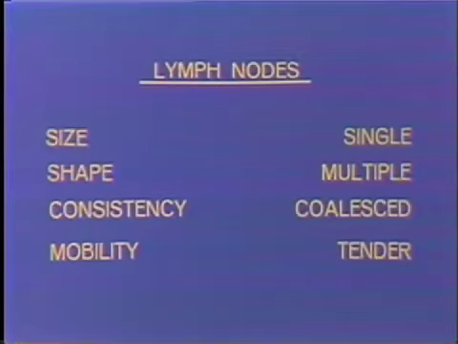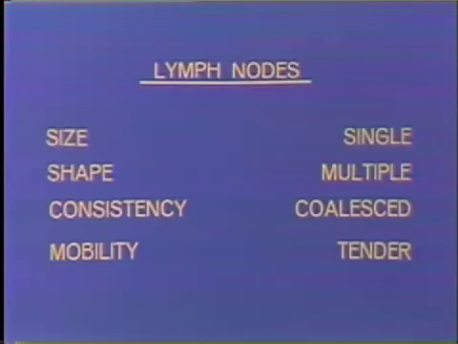They're listed here. We're concerned about the size of the lymph node under examination, its shape. Ordinarily, most palpable nodes that are normal in character will be about the size of a kidney bean and similarly shaped. They will have a somewhat rubbery or soft consistency, and they will be freely mobile. They'll have good mobility.